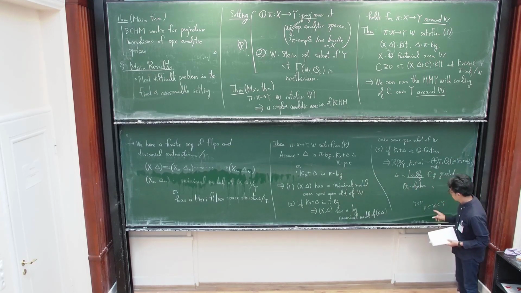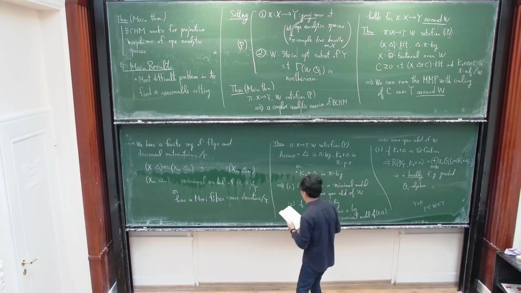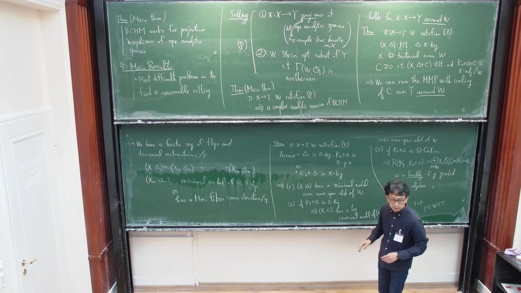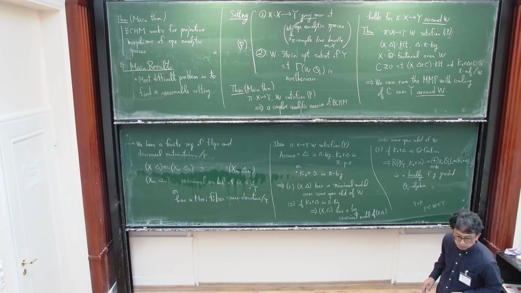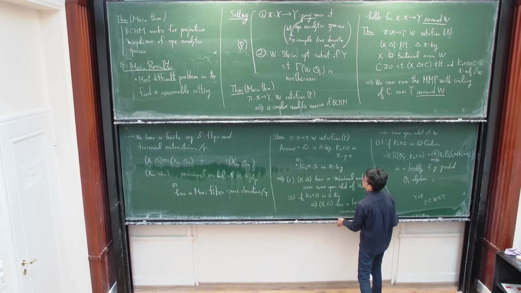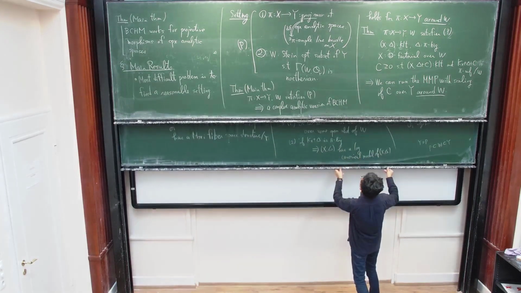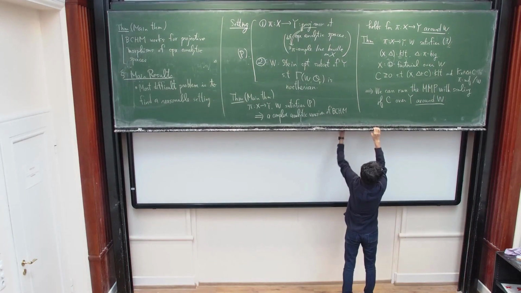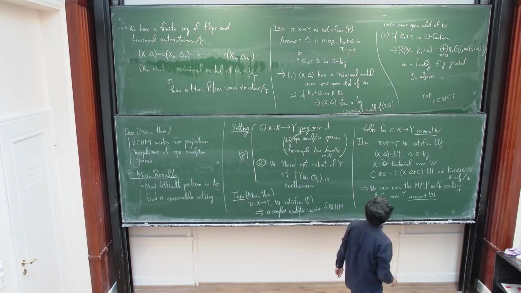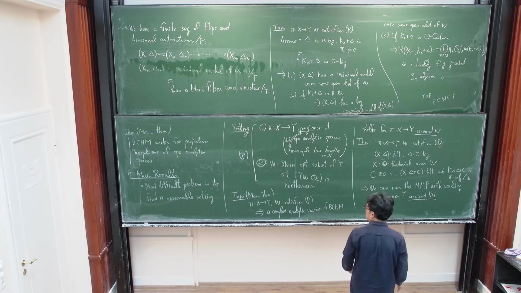I see. You can take W as a point. Yes. So this also doesn't require shrinking Y, because you can take a canonical model. I see.